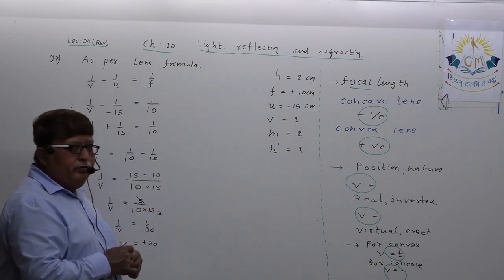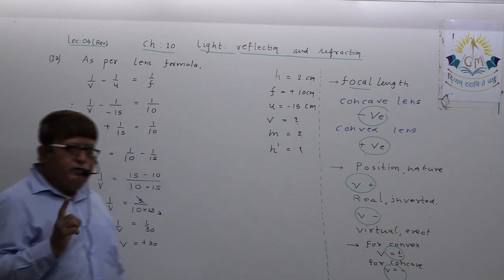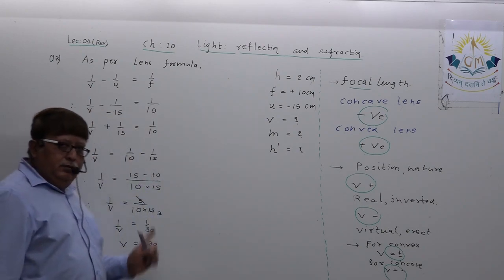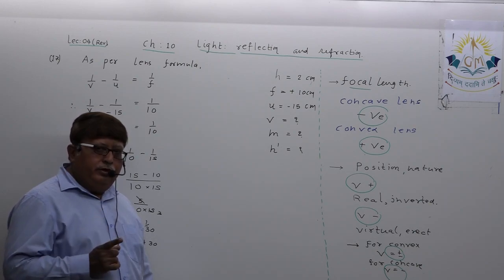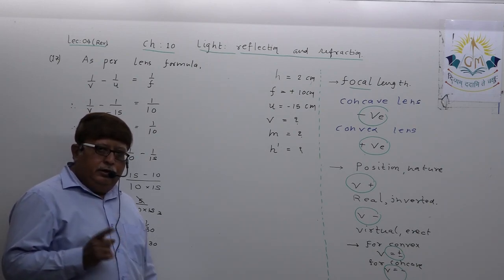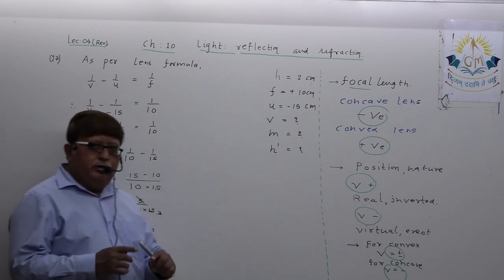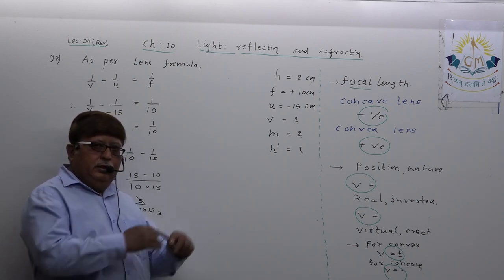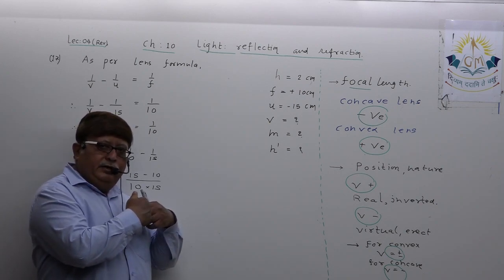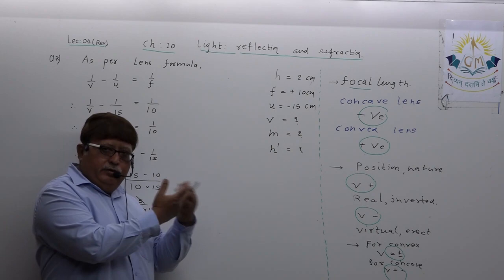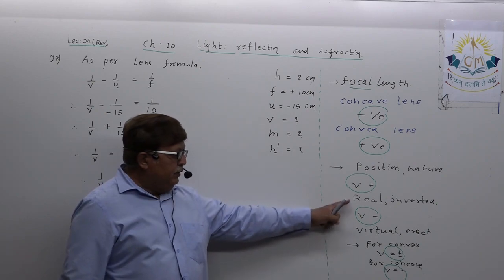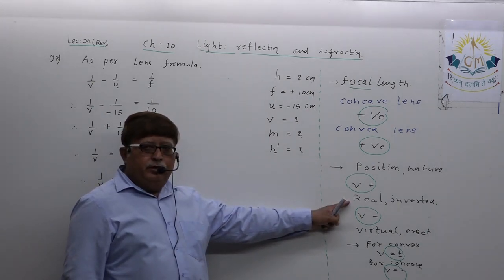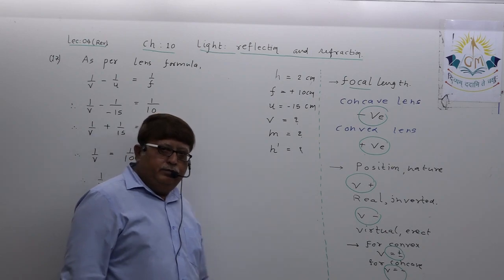Your concept: the image is real, inverted, and positioned on the other side of the lens. So you can already be sure about a few aspects. Which are those? V positive means the image is obtained at a distance of 30 centimeter on the other side of the lens, and because V is positive, the image is real and inverted.